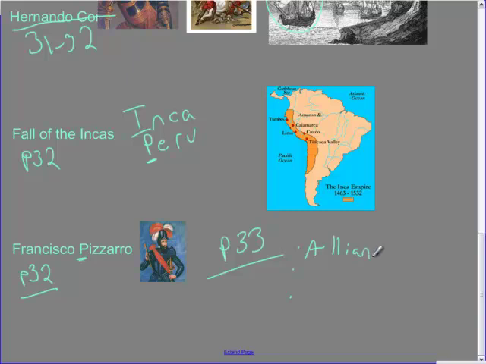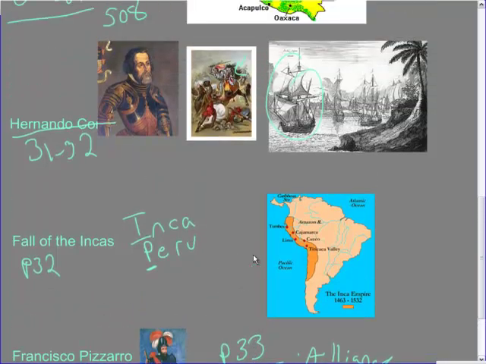You've got to look at the spread of diseases, because the Native Americans never had any immune system to them, like we've been talking about in class. And then also the brutal nature of how the Spanish treated the Native Americans. So, basically, that's what you need to know about the fall of the Aztecs and the Incas.